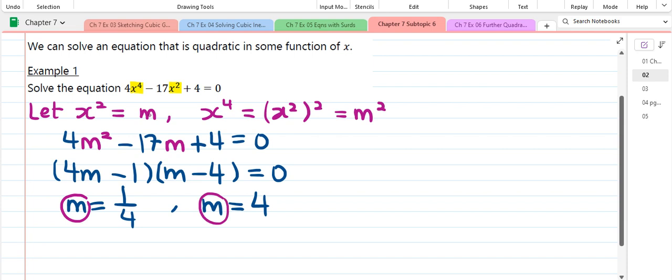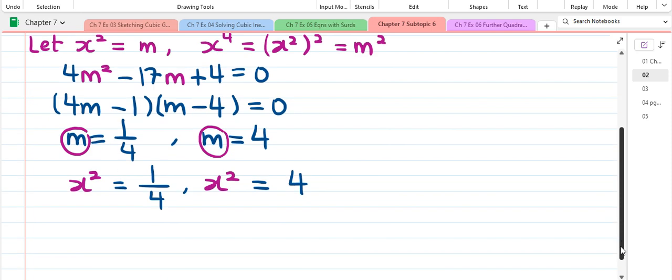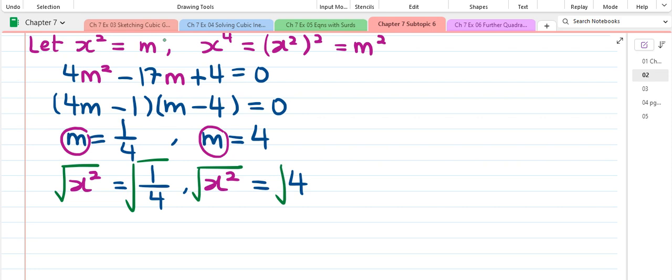So here, x squared equals 1 over 4, and the second equation is x squared equals 4. Just a final step involving the square root of x squared. If you want to solve for x, you must square root both sides of the equation.